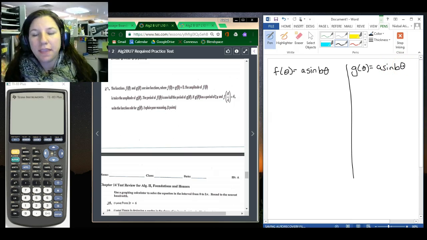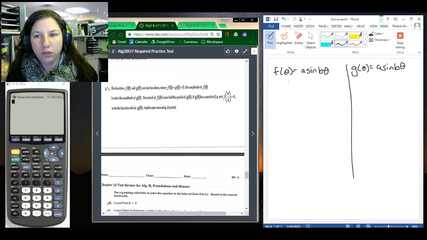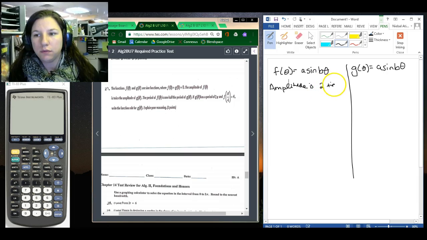The amplitude of f of theta is twice the amplitude of g of theta. So this one's amplitude is 2 times g of theta's amplitude.